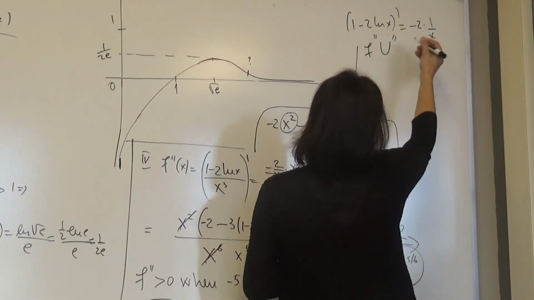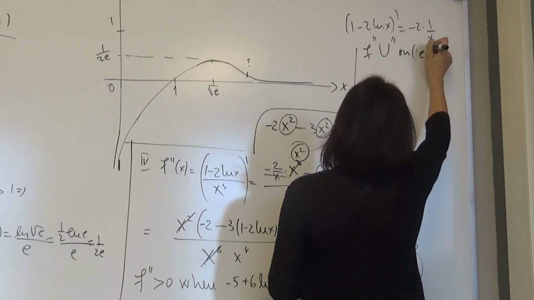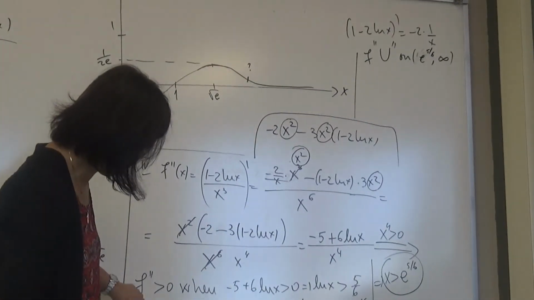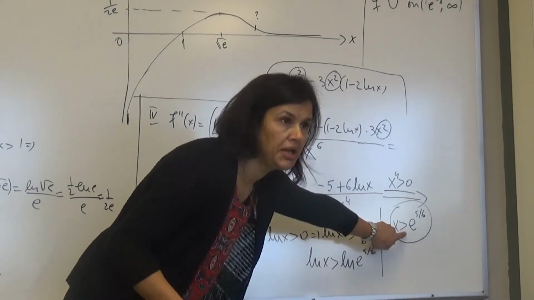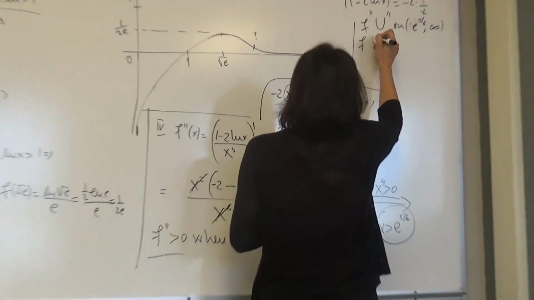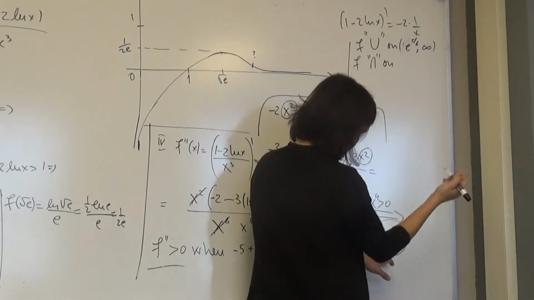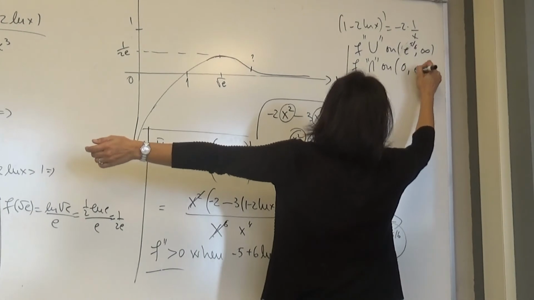Concave up on e to 5 over 6 and infinity. And if this is less than 0, this sign will be less, yeah? So f is concave down like this, on the left of e to 5 over 6, and it cannot be less than 0.